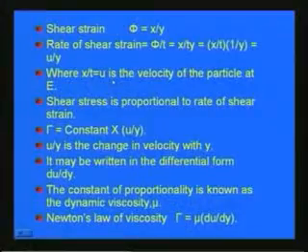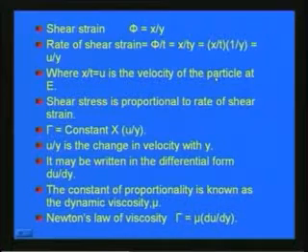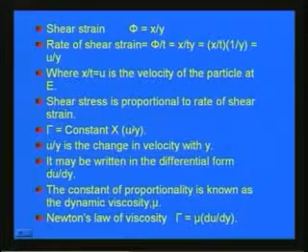So, we can express the shear strain phi is equal to x by y, and the rate of shear strain can be written as phi by t, which is equal to u by y, and the velocity of the particle is x by t, which is equal to u. So, finally we can write shear stress is equal to a constant multiplied by the shear strain rate u by y. Here u by y is the change in velocity with y. So, finally we get Newton's law of viscosity, which is expressed as tau is equal to mu into du by dy.